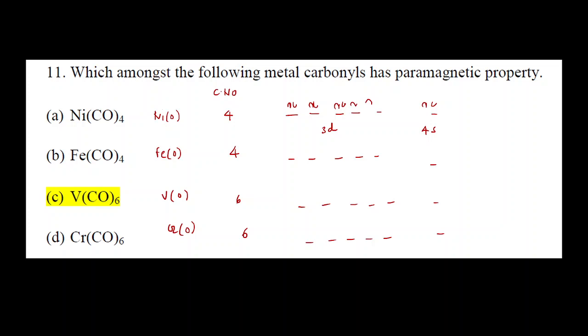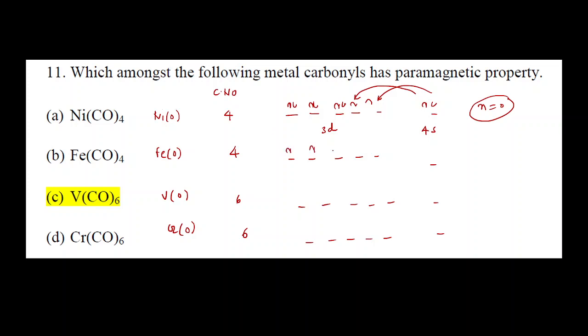Pairing is absolutely possible here, so all electrons would be paired up, with 0 unpaired electrons. It will not show paramagnetic property; the complex would be diamagnetic in nature.